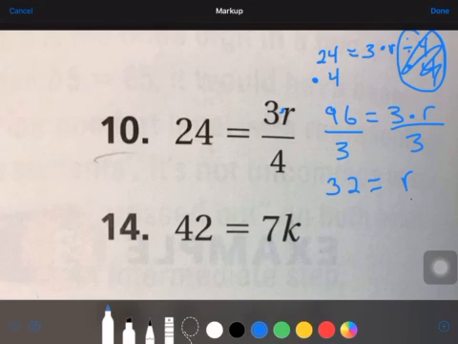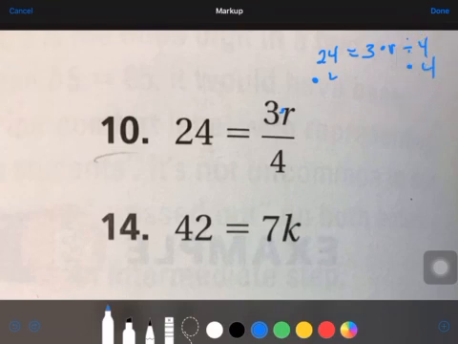Okay. So let's look at what would happen if we did, instead of dividing or timesing by 4 first, if we divided by 3 first. So I would get 24 divided by 3 equals 8. And then these cancel each other out.